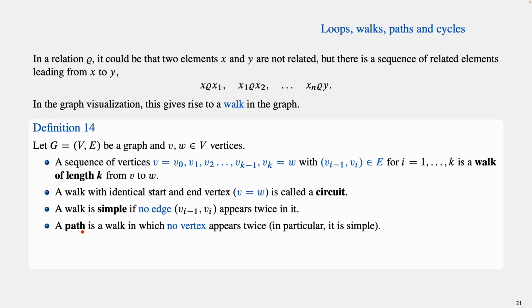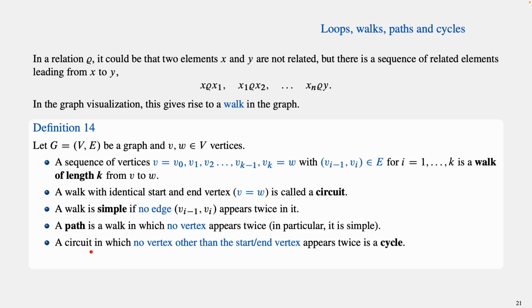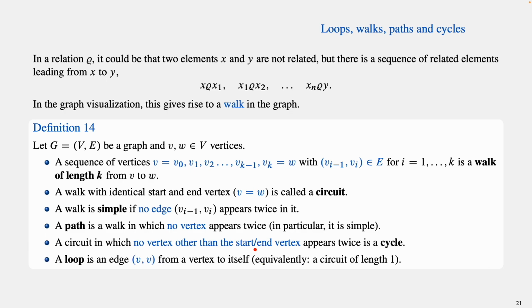So any path is in particular also a simple walk. And a circuit in which no vertex other than the start and end vertex appears twice is called a cycle. And then a loop is simply an edge from one vertex to itself. Or you could also call this a circuit of length 1.